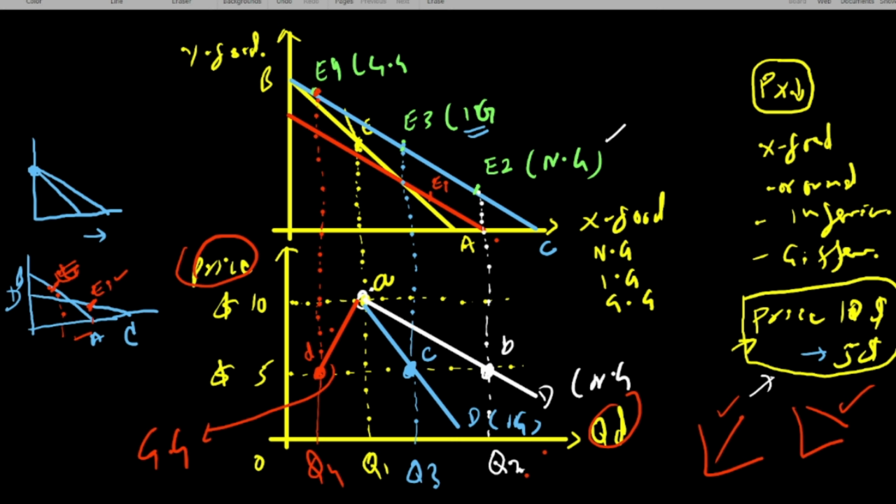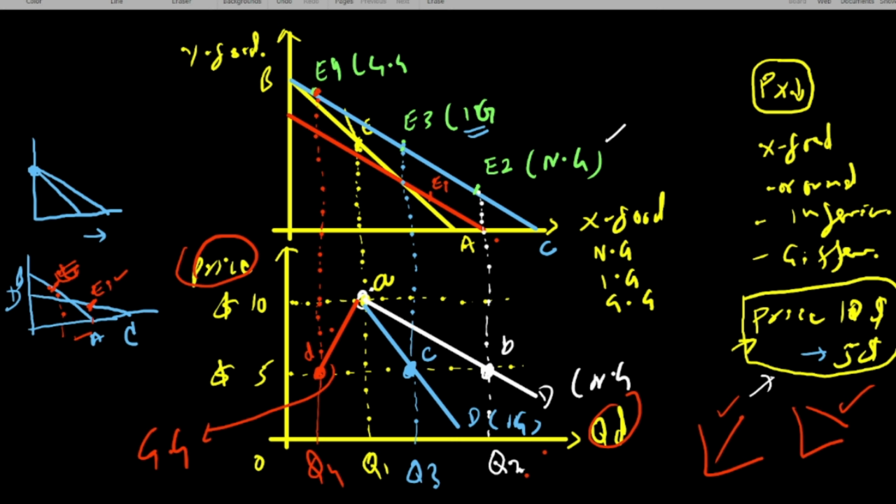You have to write everything I was speaking, and at the end you have to conclude, and in conclusion you will just try to justify that whenever there is a fall in price, quantity demanded increases in case of normal and inferior goods.